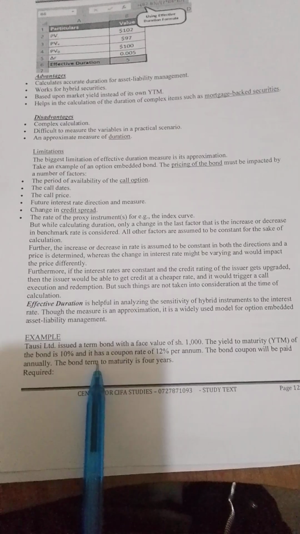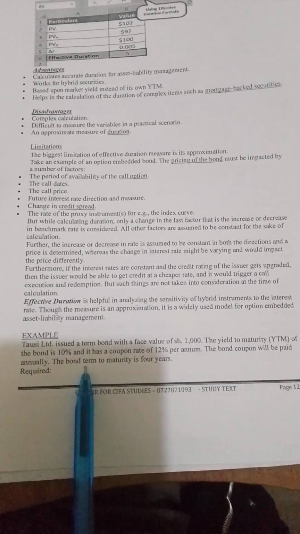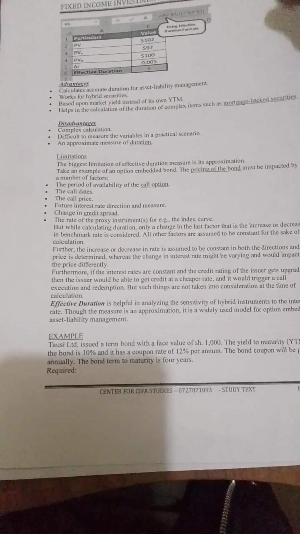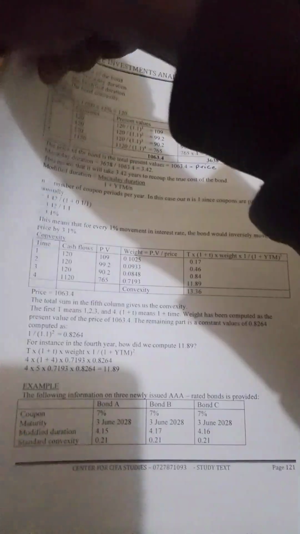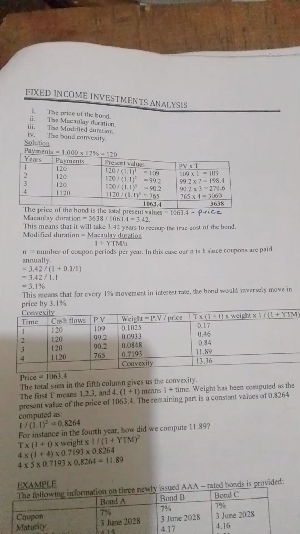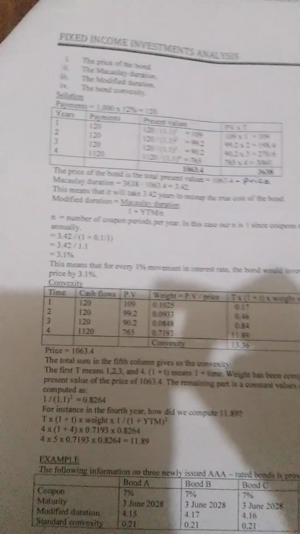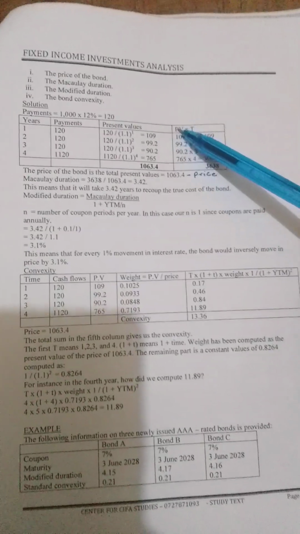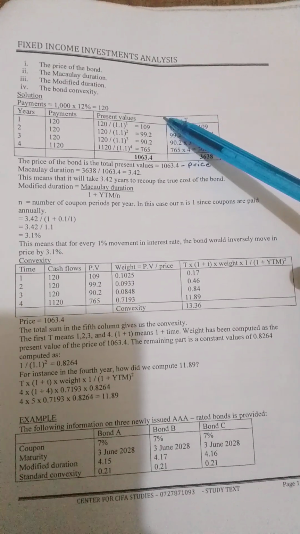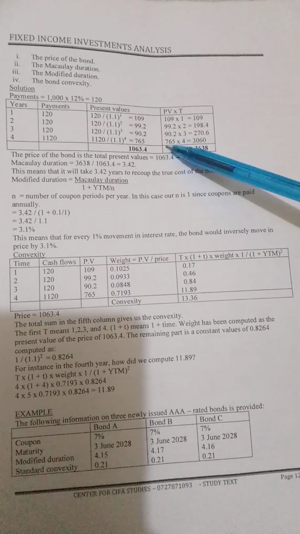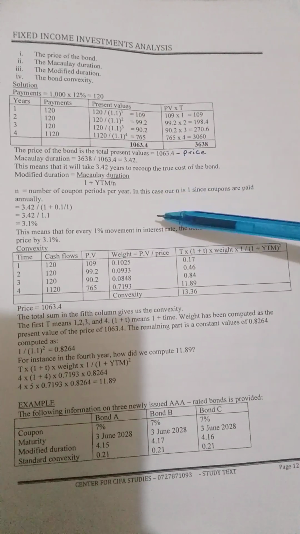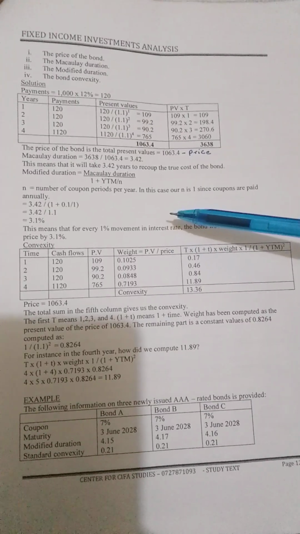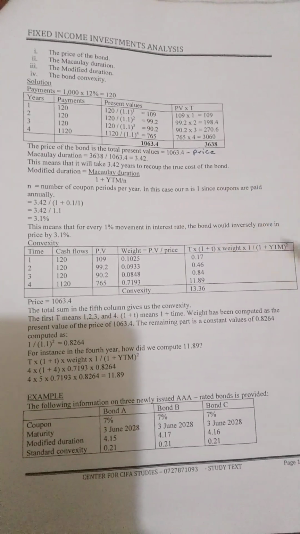The bond coupon will be paid annually. The term of the bond to maturity is 4 years. Required: using that information, we are supposed to calculate, number 1, the price of the bond; number 2, the Macaulay duration; number 3, the modified duration; and number 4, the bond convexity.